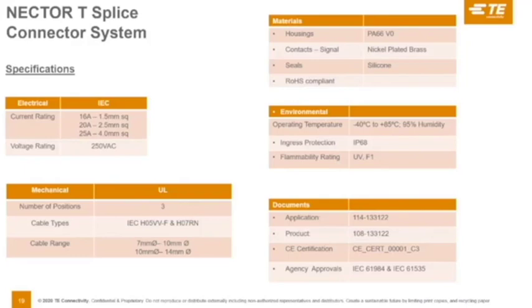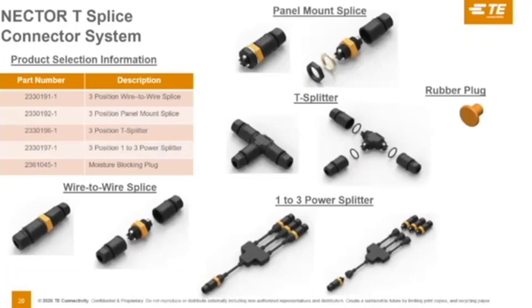Currently, the Nector T splice interconnect solution is developed for European type applications, and we are looking at developing a North American version of this interconnect solution as well. Once again, though, TE takes the complexity out of the interconnect solution, where the assembly is already sold to you in an assembled condition. You can see here, when you just look at the panel mount interconnect solution, you can see the varying components that go into it.